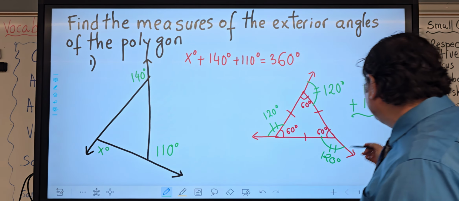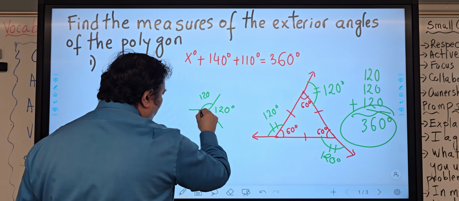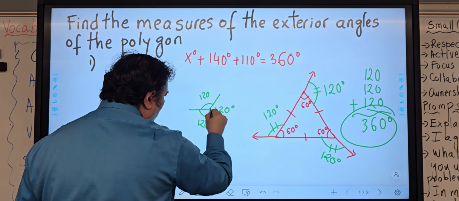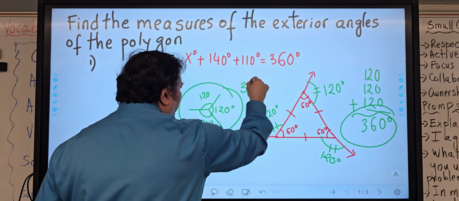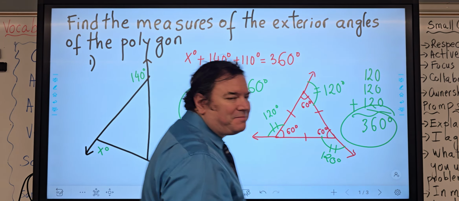We have this angle here, and then we add the other angles, 120, 120, and 120. All of these three angles form 360 degrees.